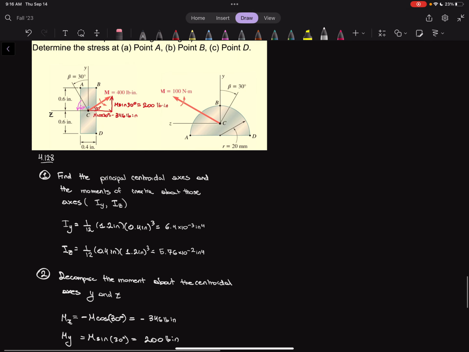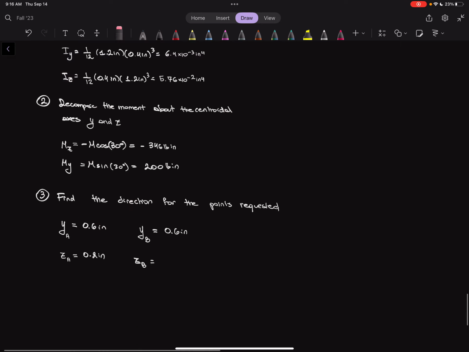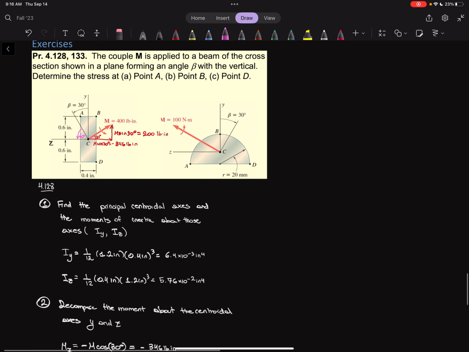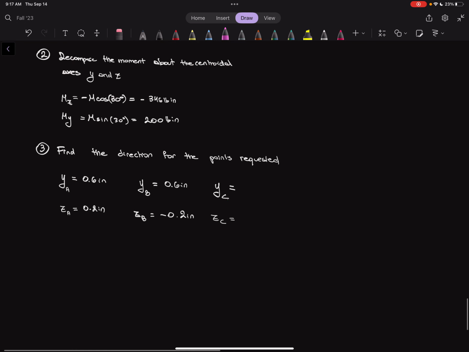But z_B is the distance along z from the y-axis, and to go to B, we're going in the negative direction, so we need a negative sign: negative 0.2 inches. And finally, we have the last one, point C, which is going to be... did they ask us? No, sorry, point D. Point D, my bad.